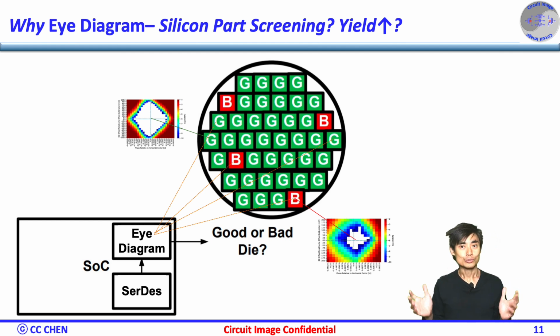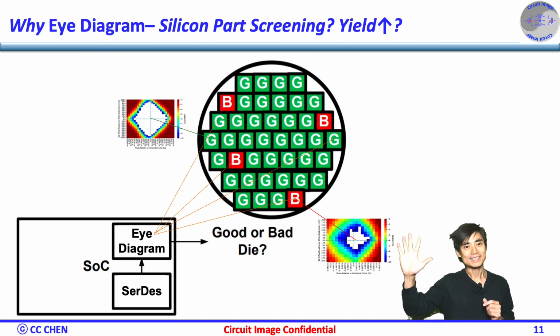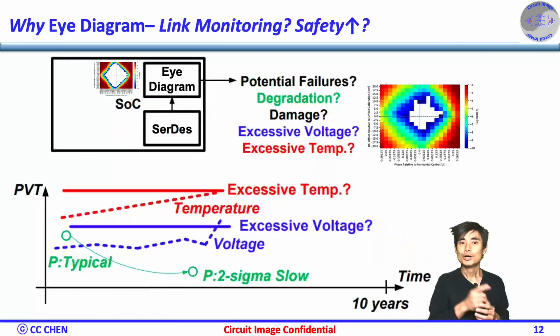In addition to the circuit performance or plug defect, what are the other general concerns the eye diagram may mitigate? Think about the long-term link operation. Yes, reliability. The on-chip eye diagram improves the link reliability by continuously monitoring the PVT conditions.